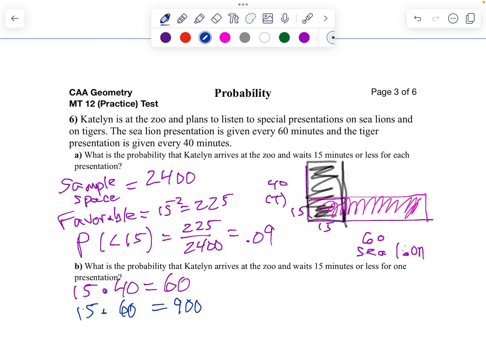Now when I look at that though, if I add those up, I get 1,500. But notice I've double counted the 15. This was waiting for one presentation, wasn't it? Okay, so that's double counted, so I better subtract off my 225.